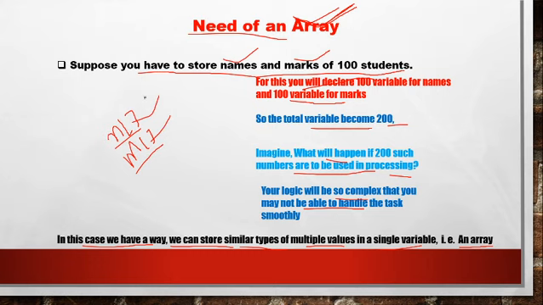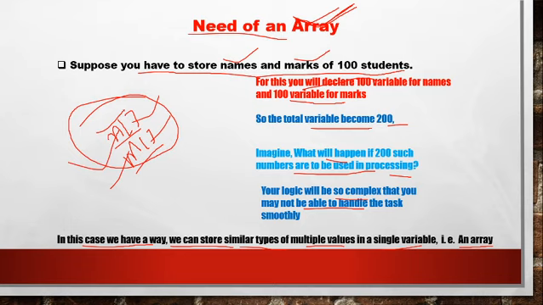So in place of declaring 200 variables, with only two variables we can work smoothly in a Java program. Now you imagine 200 variables or two variables. I will prefer two variables. I will prefer array only.